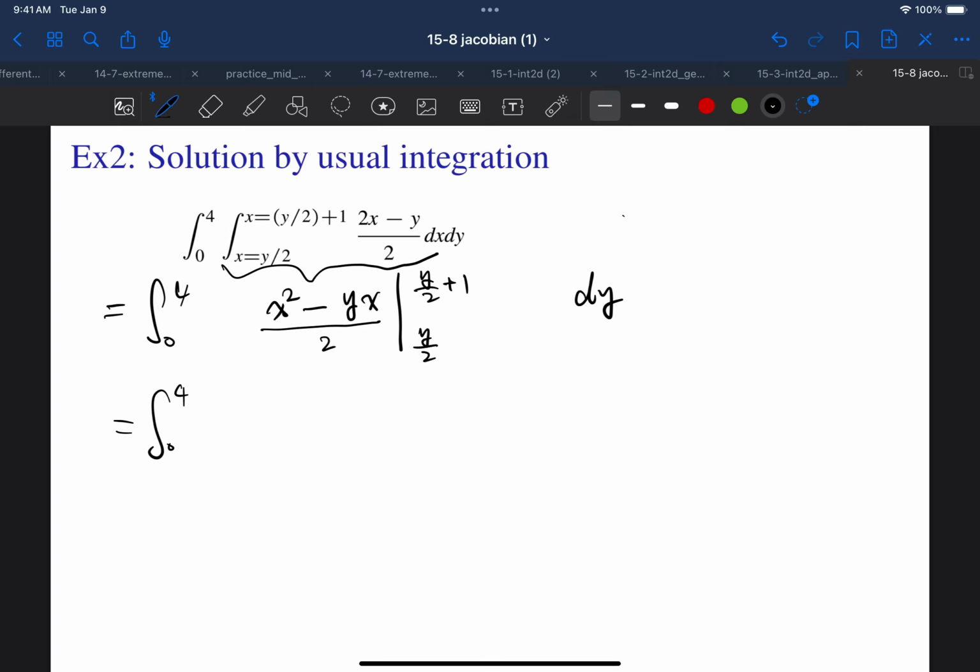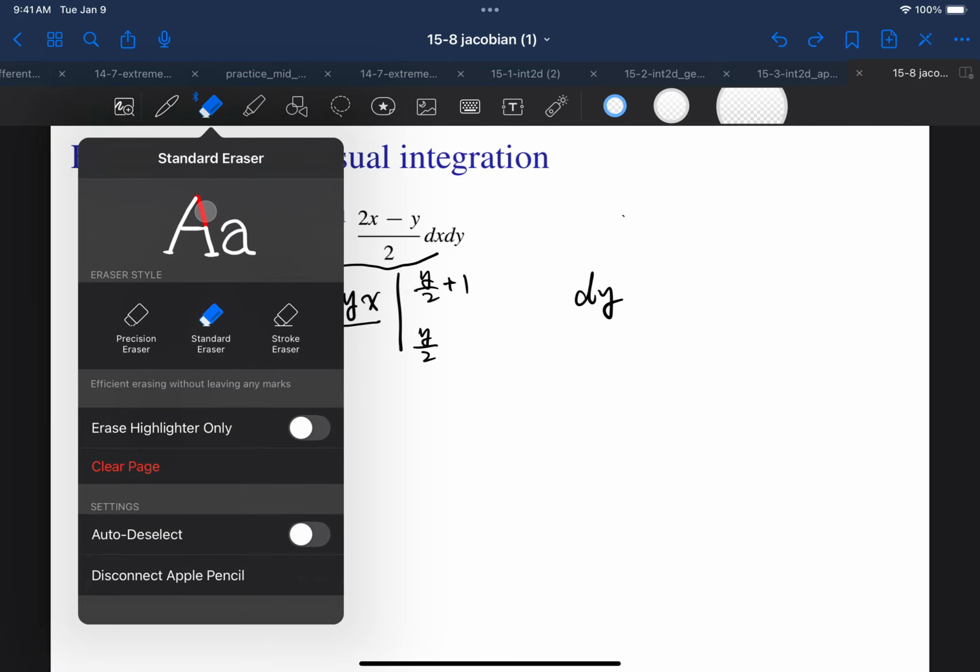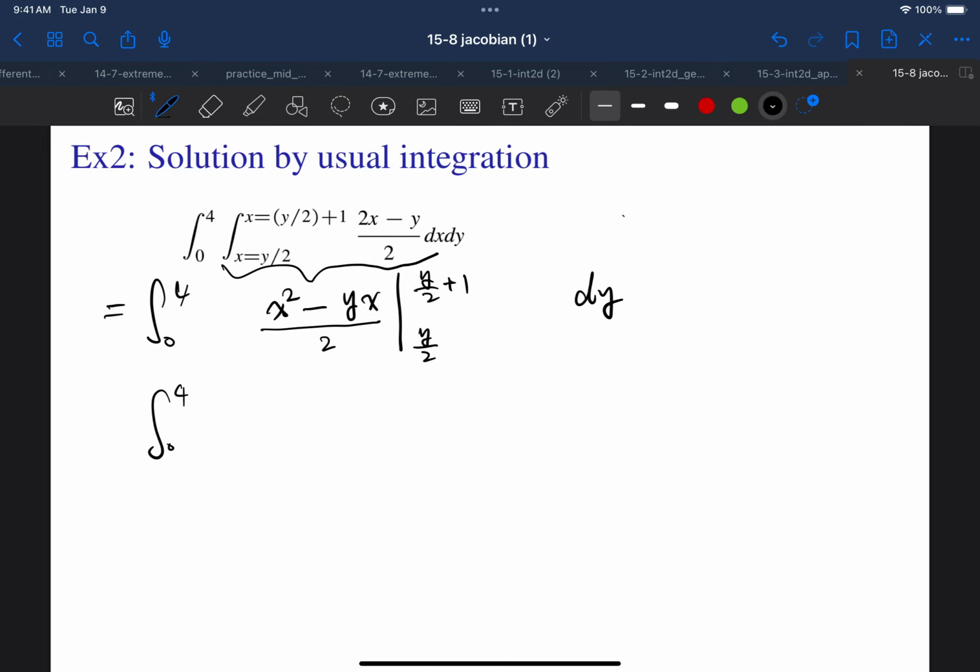Maybe I can take the denominator 2 outside, so I put 1/2 outside, and inside I replace every x by the upper limit.